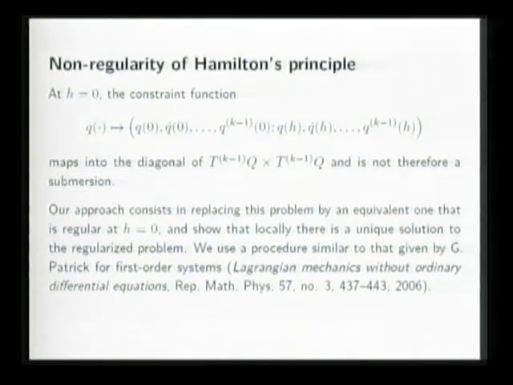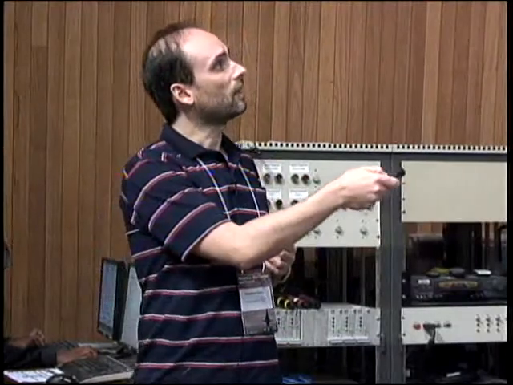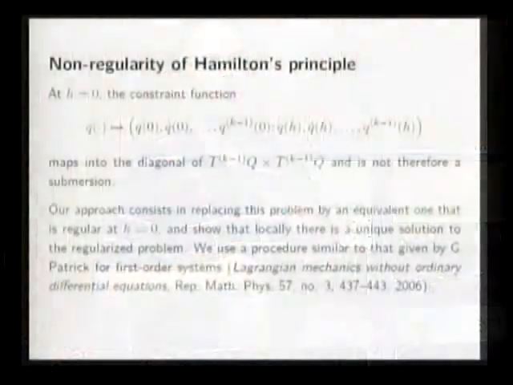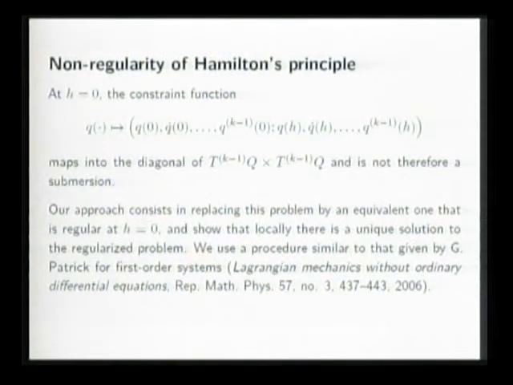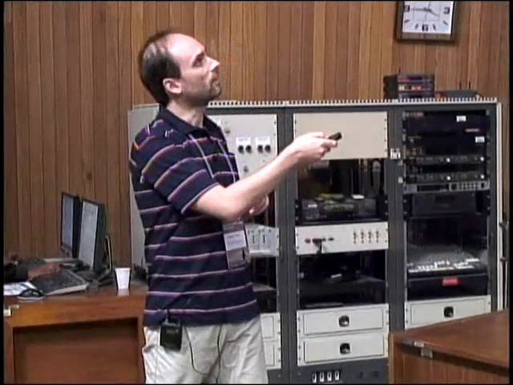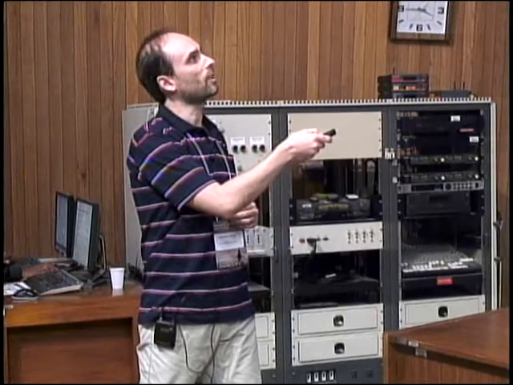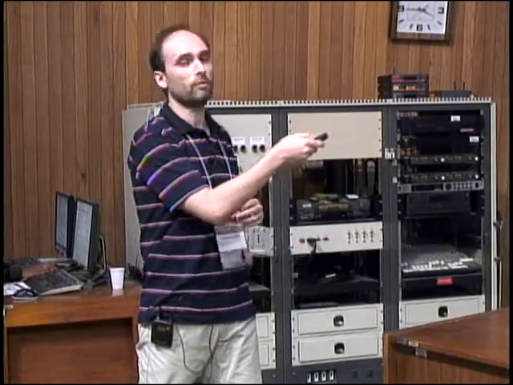Our motivation for solving this problem is that we were thinking of discretizing higher order Lagrangian systems. I mean, we want to define discrete Lagrangians not in k plus 1 copies of Q, but rather in this Cartesian product of T^{k-1}Q.